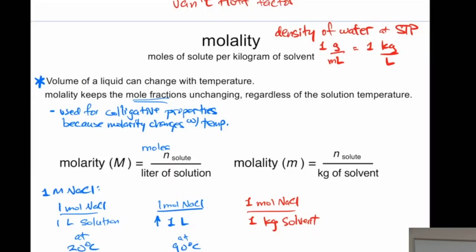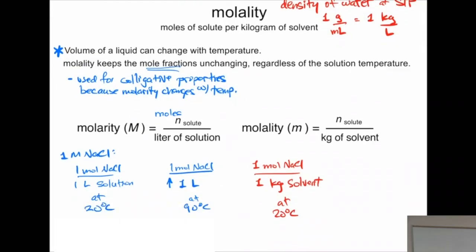Good. So if we have that at 20 degrees, and I raise it to 90 degrees Celsius, well, I'm still going to have my 1 mole of NaCl, and I'm still going to have 1 kilogram of solvent, because the mass doesn't change with temperature, only the volume changes with temperature.